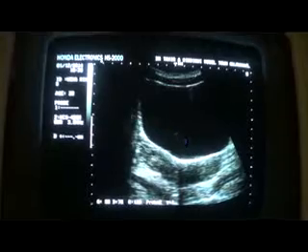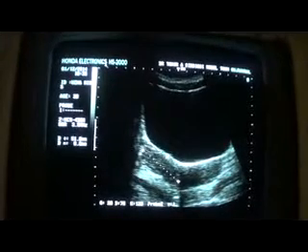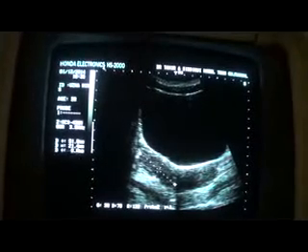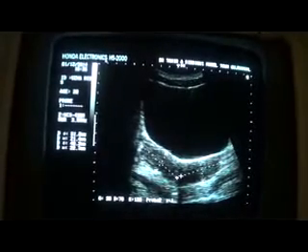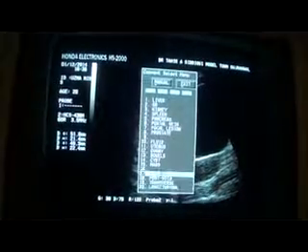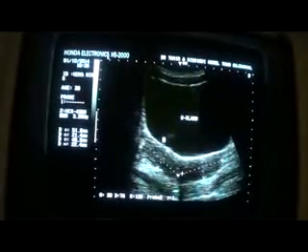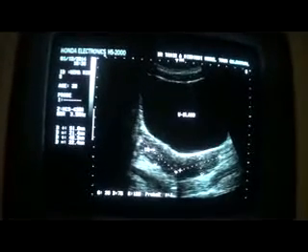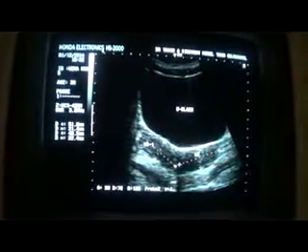What you see is the body of the uterus on the left side of your screen, and this is the second body of the uterus. The question is whether it is a septate uterus, or this is uterine body number 1 and this is uterine body number 2.